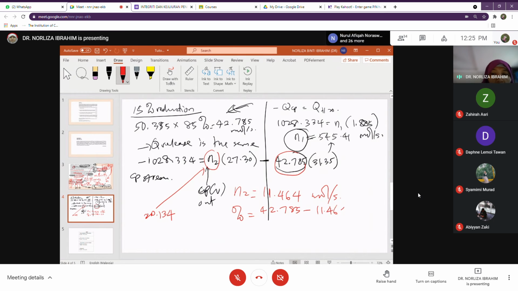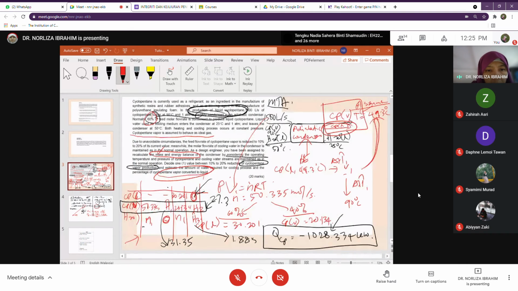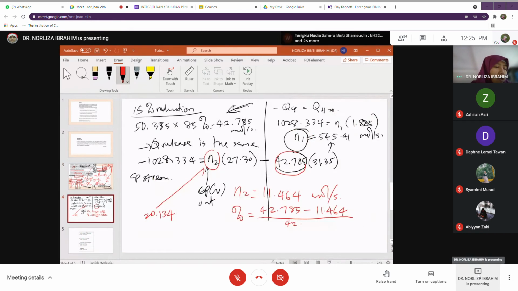No need to calculate the liquid flow rate of the cyclopentane. If you want to calculate it, you can do that, but it's not required because you are required to estimate the water. But the question says estimate the amount of water required for the cooling process. Okay, let me check.